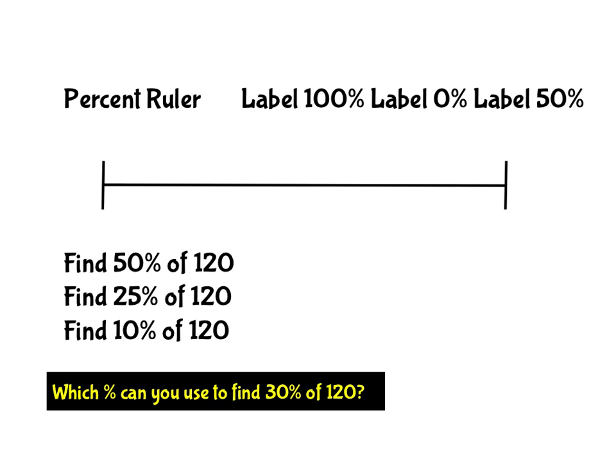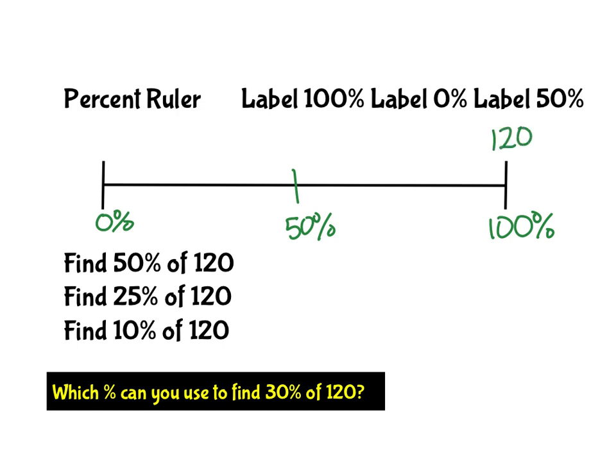All right, make a percent ruler. Fill in your 0, 50%, and 100%. Pause when you need to. So find 50% of 120. So 120 is the 100%.